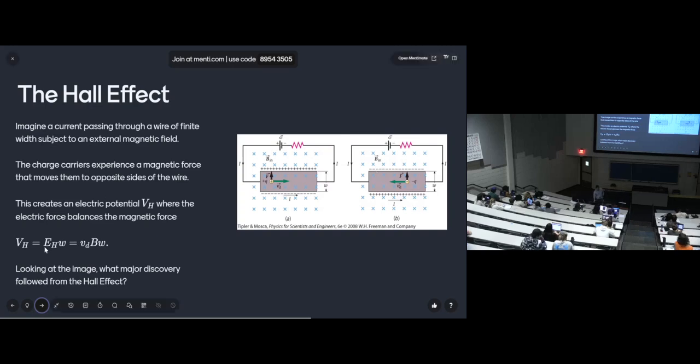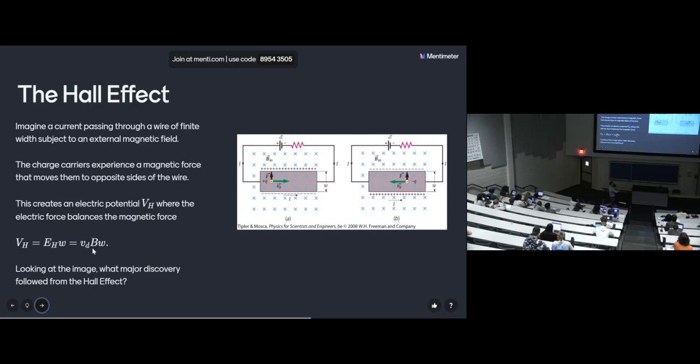That Hall electric field, and you can see the derivation of that, is equal to v_d, the drift velocity, times B. v_d is the drift speed of the charge carriers. Basically, the magnetic force is pushing us up, but we have to balance that out at some point.